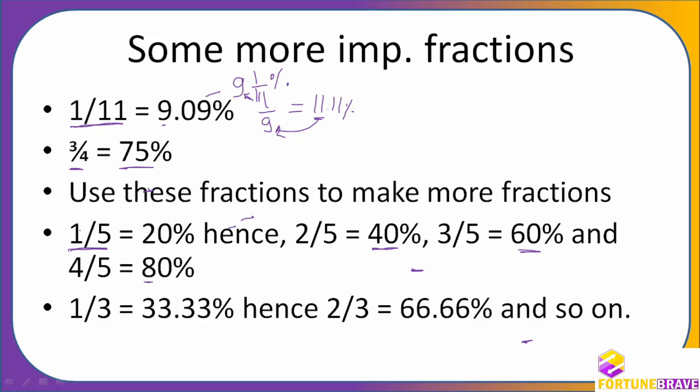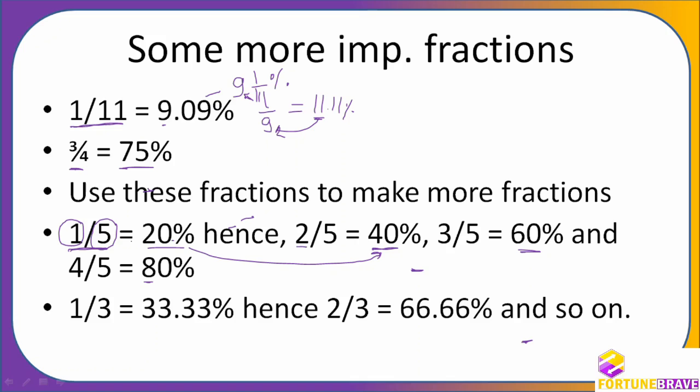What is happening here? Let us see what will happen when we change the denominator. If the denominator is doubled, then the percentage will be halved. If the numerator is doubled, then the percentage will be doubled as well, right? Okay, so these are all the fraction characteristics which we need to understand. 1 by 5, if I make 2 by 5, then 20 percentage will become 40%.